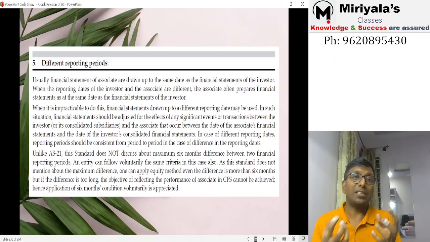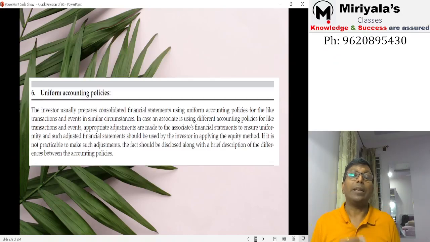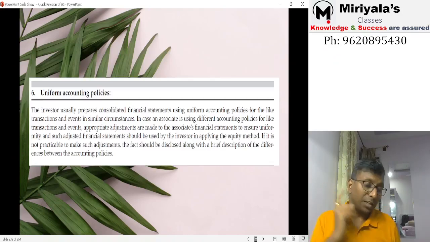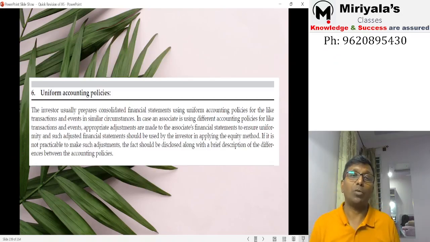If two different periods are there, then it's not a problem. You can consider the profits, but you are supposed to keep in mind any related party transaction or any significant event that took place in the gap of January, February, March. Again, uniform accounting policies. Here also you are supposed to ensure uniform accounting policies.